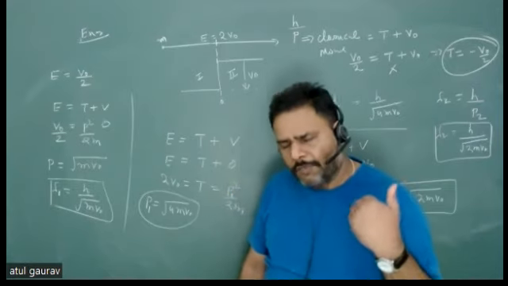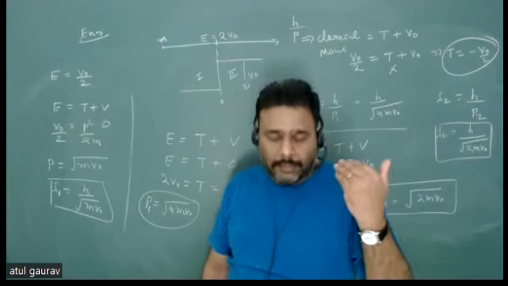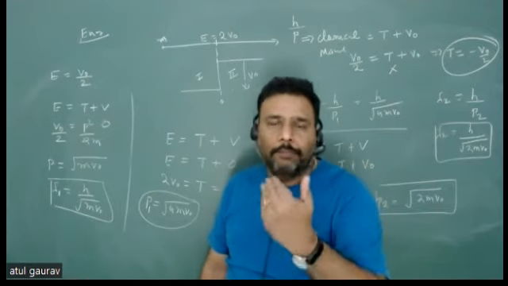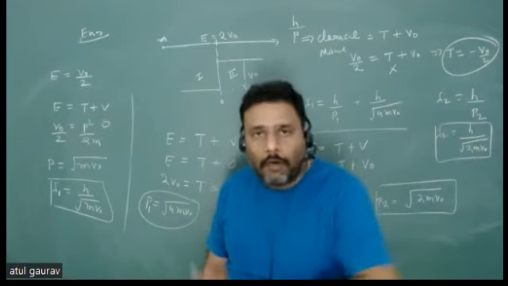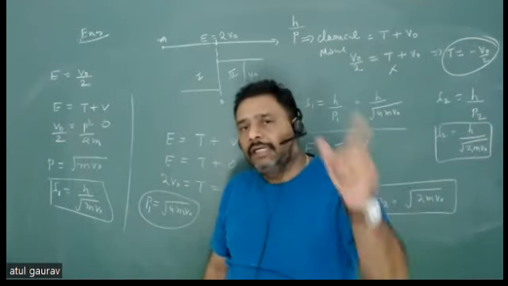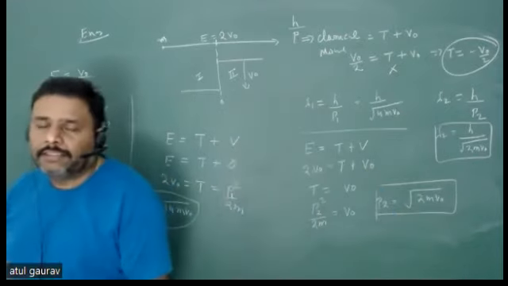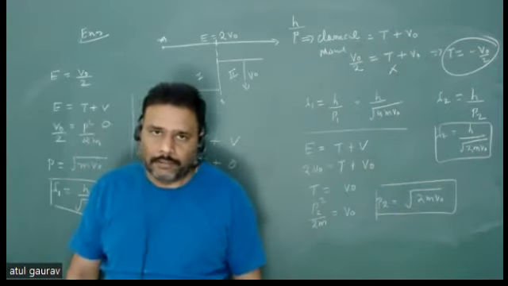So you have to be very crystal clear. The de Broglie hypothesis, lambda equal to h upon p, is for all particles in which region? Classical allowed region. That means your total energy is greater than potential energy. Okay?